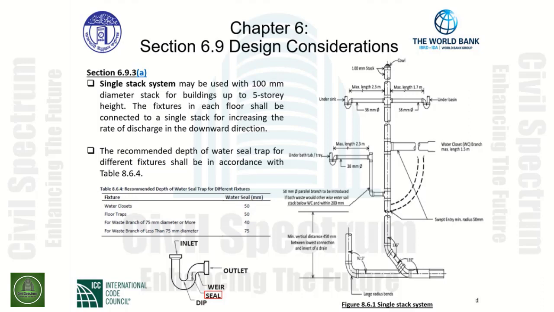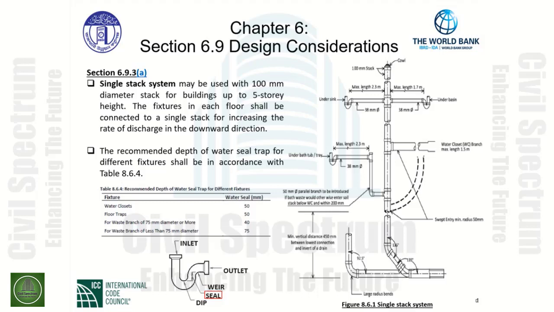To further understand our piping systems, we will go into further detail. Section 6.9.3, item A, indicates the following. Single stack system may be used with 100 millimeter diameter stack for buildings up to 5-story height.